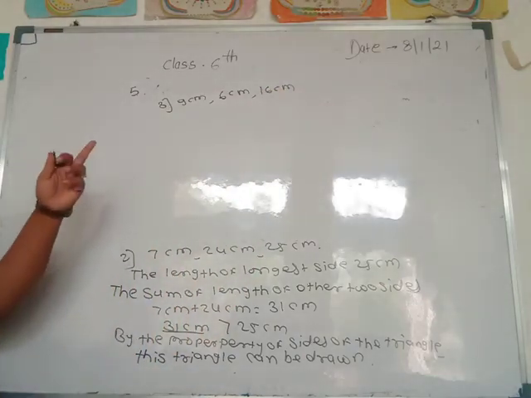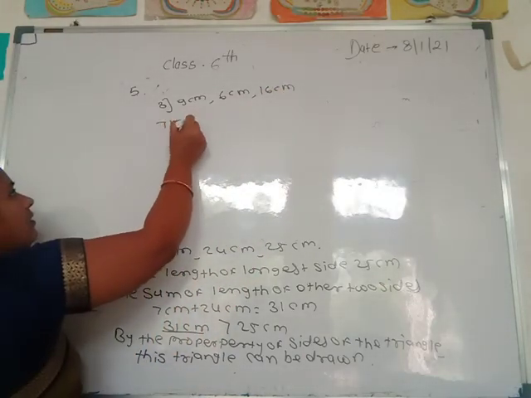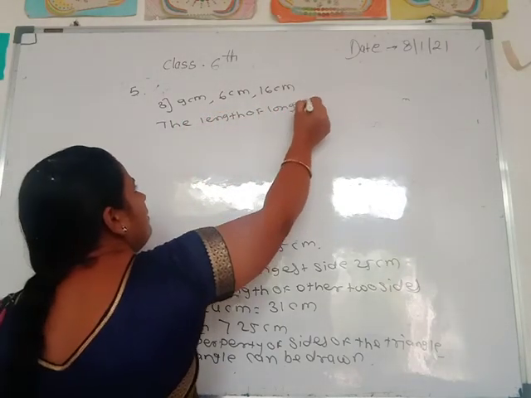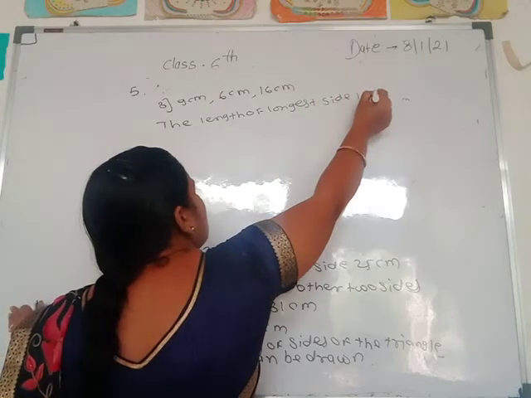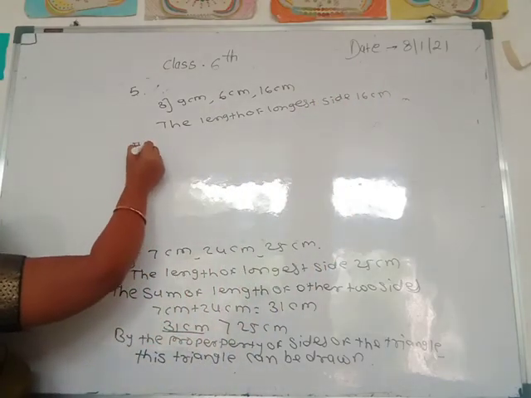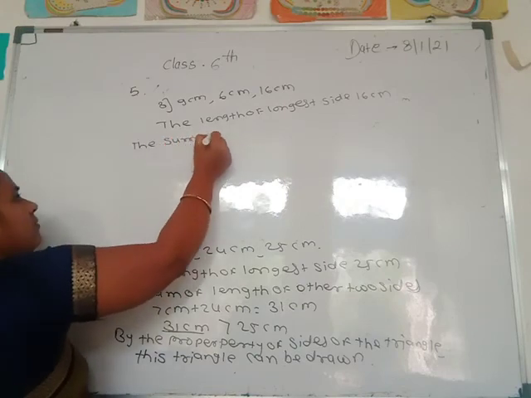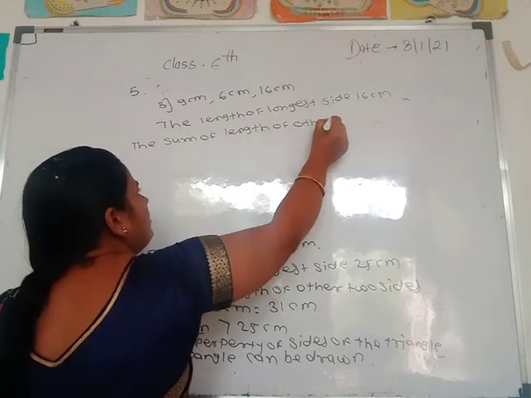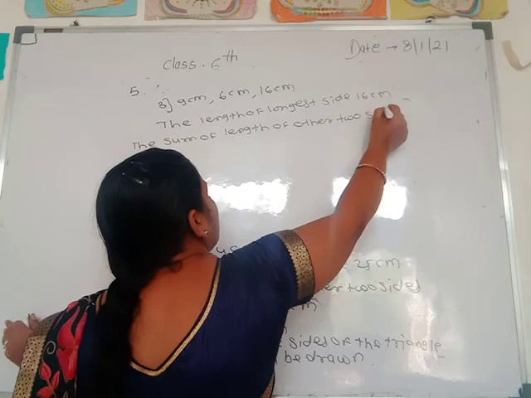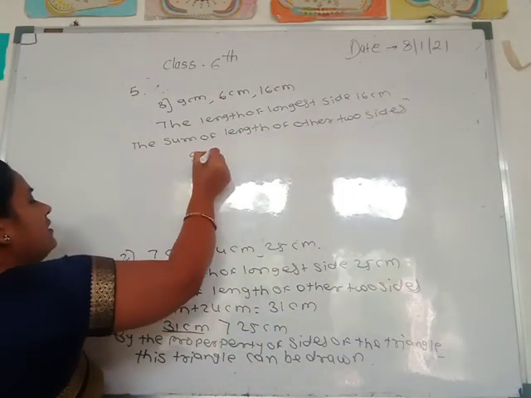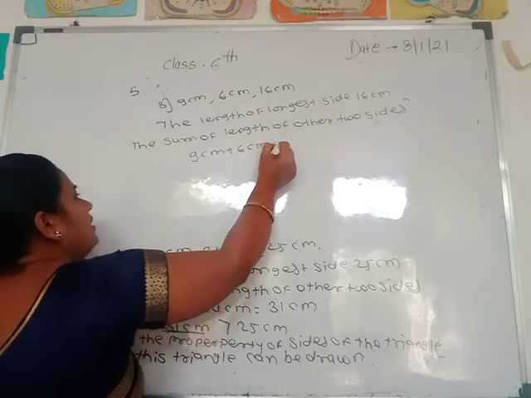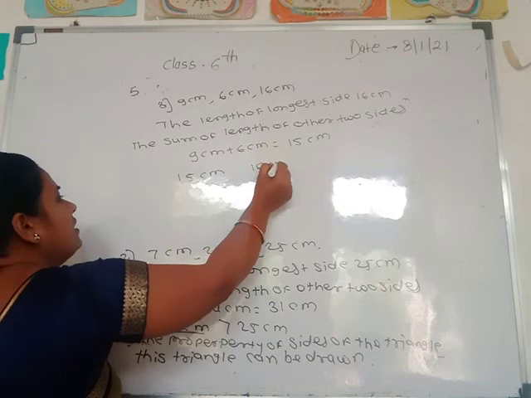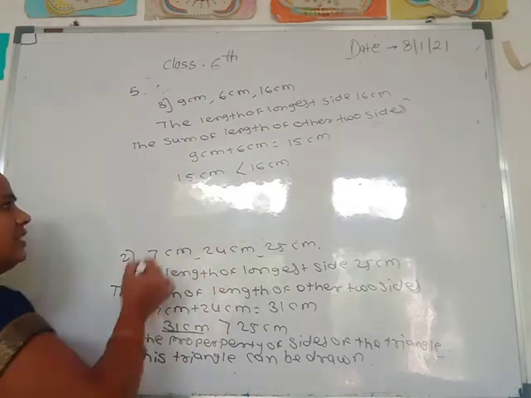You write here the length of the longest side, 16 centimeter. The sum of the lengths of the other two sides. Which two sides? 9 centimeter plus 6 centimeter is equal to 15 centimeter. Then 15 centimeter and this biggest, 16. Which is greater? 16 centimeter.